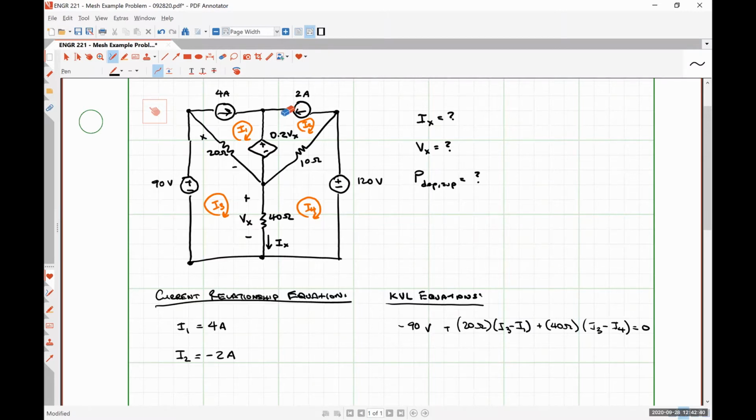If I were to ask you how much current is flowing through that dependent source, you actually have enough information to tell me what that answer is, as long as I specify a direction, without doing any actual mesh analysis. So for instance, if I ask for the current direction down, what's it going to be? 6 amps, 4 amps plus 2 amps.